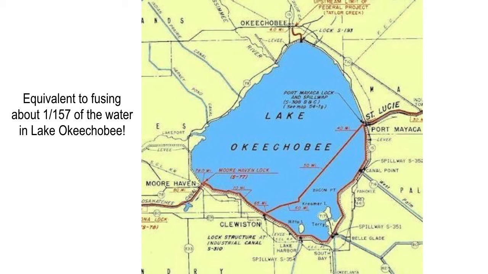So the biggest power source that we have in the United States, or one of the biggest, running for the longest time interval, if we could imagine converting all that energy into matter, it would just fill this lake by 157th. So it's just a little skim of water in Lake Okeechobee.